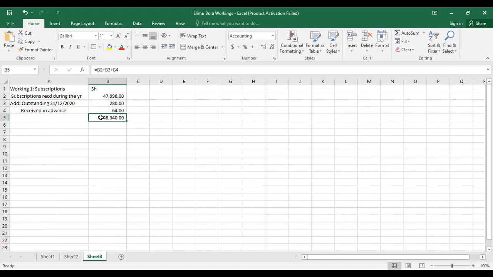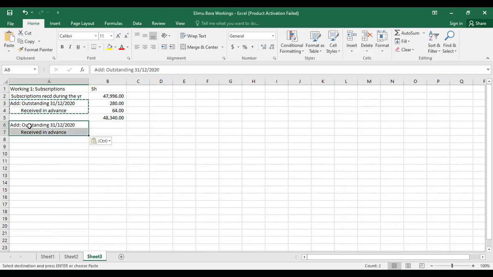When we are preparing our books of accounts, I'll also be deducting what we have received in advance for this particular year because it doesn't relate to this period, right? I can just copy this and amend, save on time. So remember we are deducting. So I less any subscriptions outstanding on 1st January.